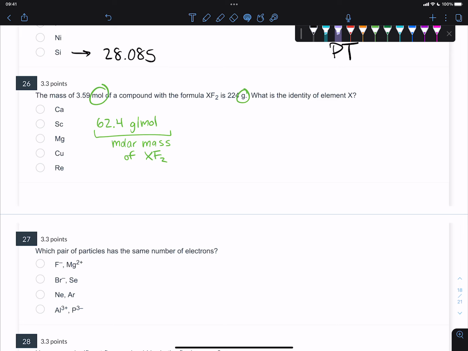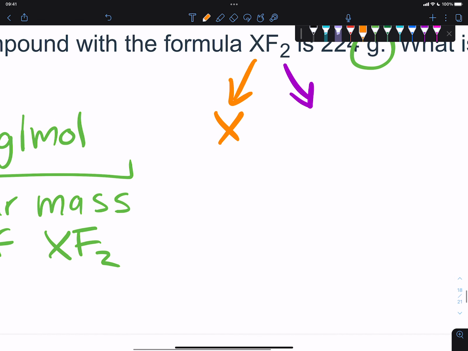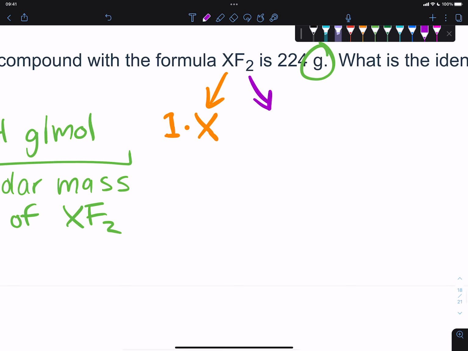You actually know that this compound is made of two things. It's made of X, which is what we don't know. We don't know the identity of X, but by the way, there's only one X in the formula, right? So let me zoom in. This formula only has a single X, so it's 1 X. But for the F, there are 2 fluorine atoms, so it's 2 fluorines.